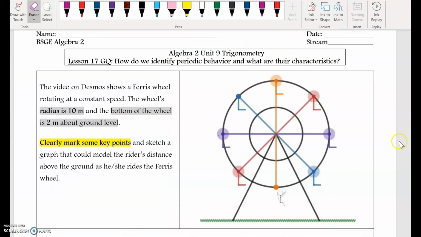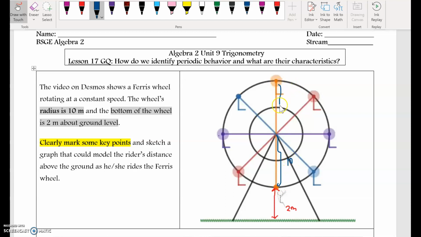So looking at the video, let's take a look at the diagram to see what was needed for you to plot these heights over time. I believe they told you that the person who's riding it is 2 meters above the ground. So this over here from the ground was 2 meters. They also said that the radius of the circle was 10.